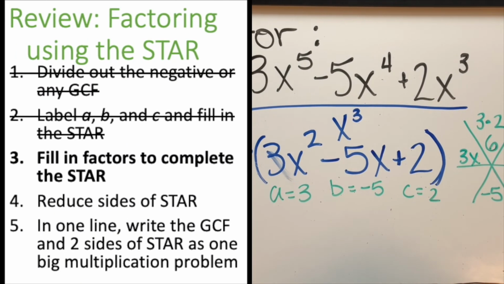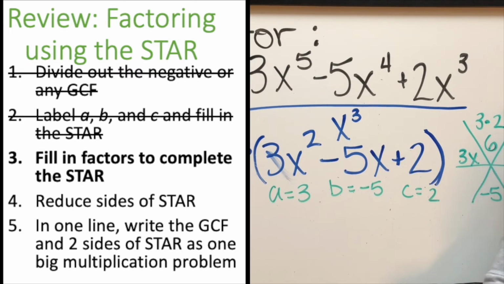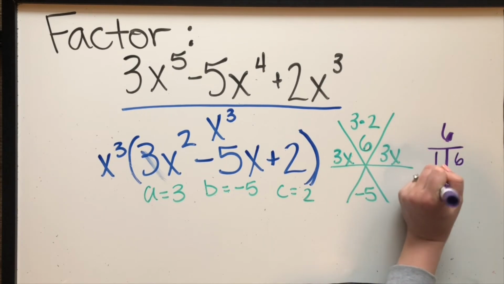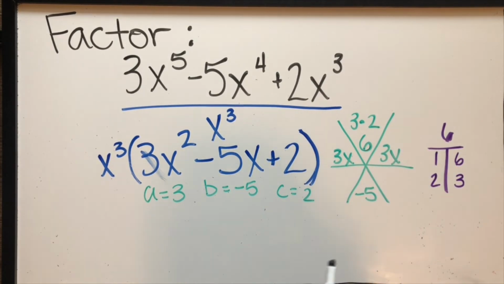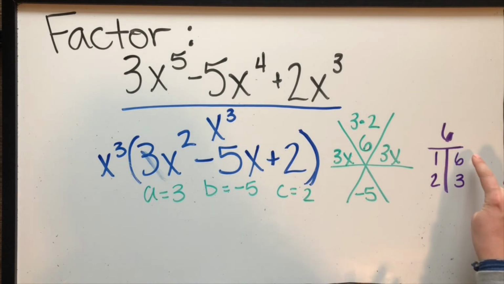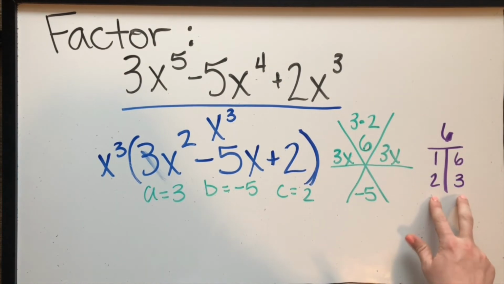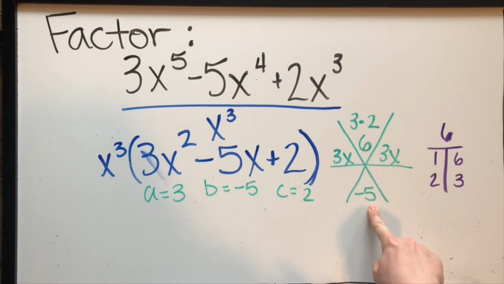So I'm actually going to go out to the side of the star and make my t-chart for 6 over here. So the only numbers that multiply to 6 are 1 and 6 and 2 and 3. 6 can be tricky because I can add or subtract 1 and 6 to make negative 5. I could also use 2 and 3 to make negative 5 on bottom.